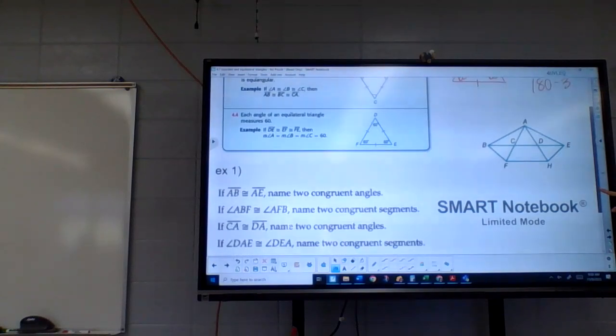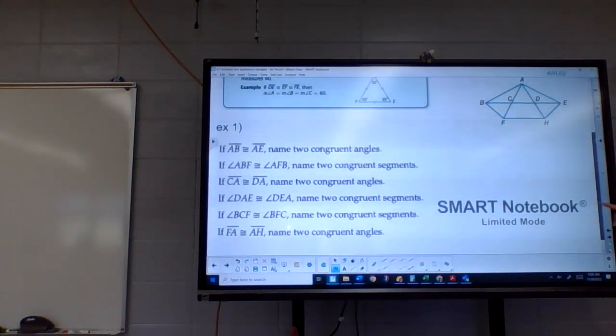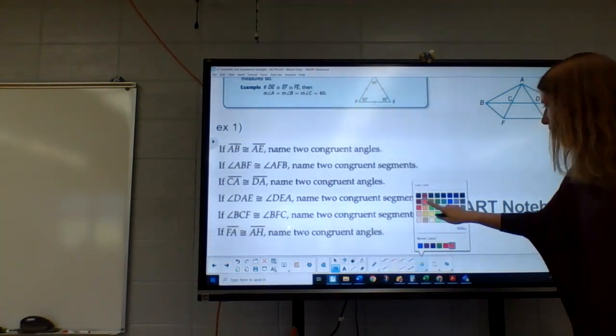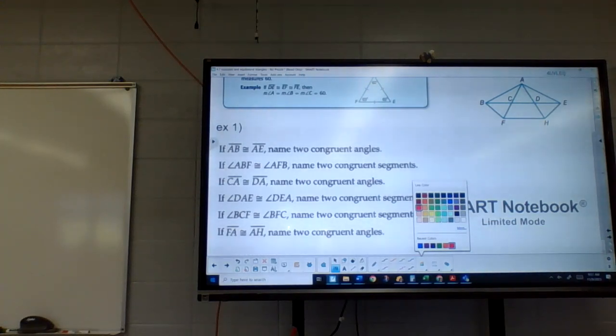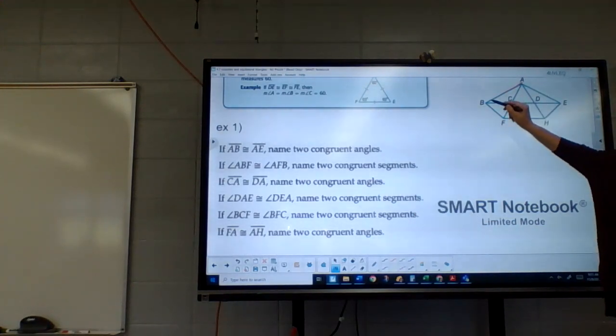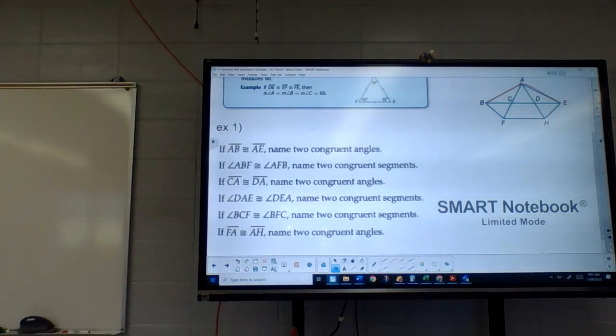All right, so basically we're asking these 6 different questions about this same drawing. They say if AB equals AE. What I'm going to do is help myself out by drawing what triangle uses those 2 legs.